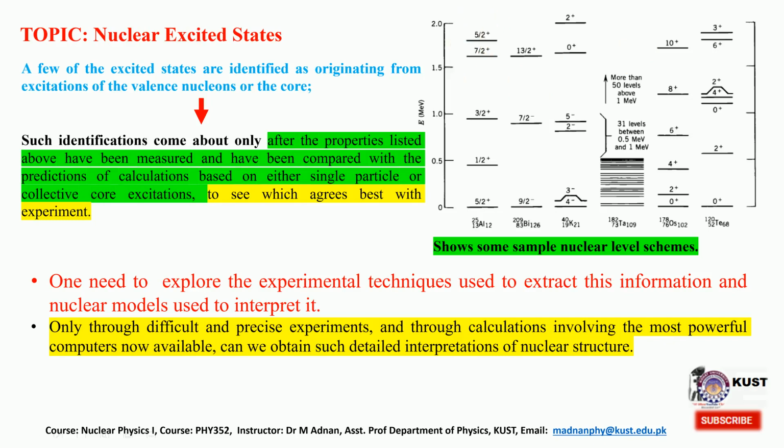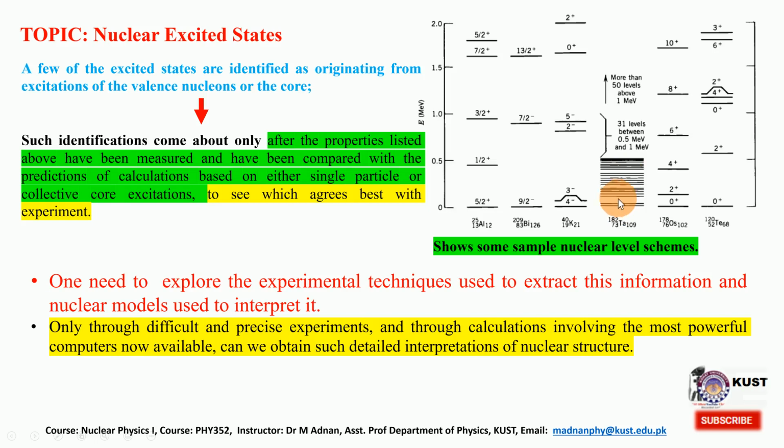Now, if you see some nuclei such as Bi-209, they show great simplicity. For example, these are just a few energy levels which are not splitting, so this is the simplest case. While others, such as this one, Ta-182, show great complexity.